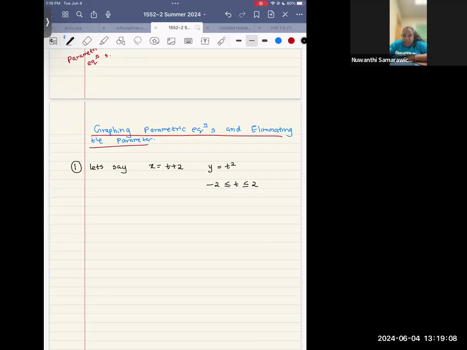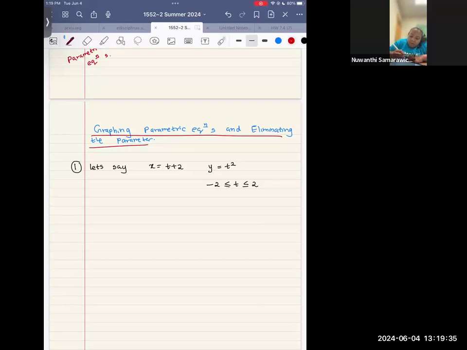The best way to draw a parametric equation is by drawing a table first. Remember when we draw functions, like y is equal to 3x, first we draw a table, apply some values for x and find the values of y. Same thing here, but now you have 3 variables because t is also there.